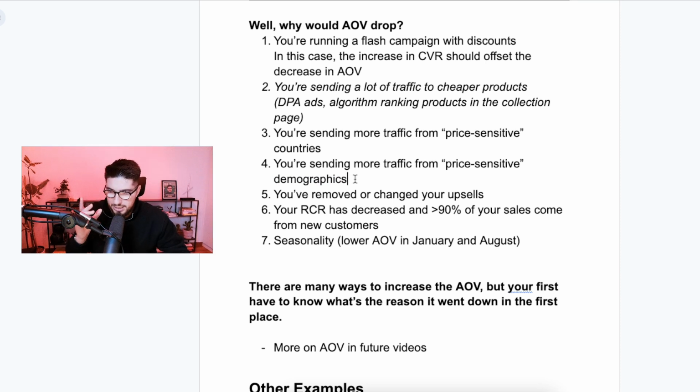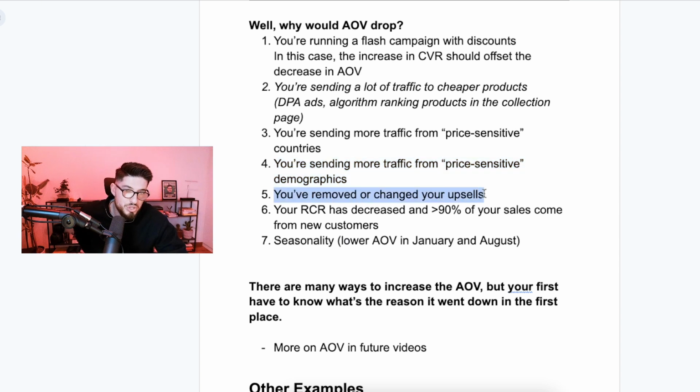But then you start doing TikTok, for example, and you're sending a younger demographic to the website, 18 to 24. And then they are buying this $19.99 tester serum. Yes, your AOV is going to drop. So you have to analyze that.